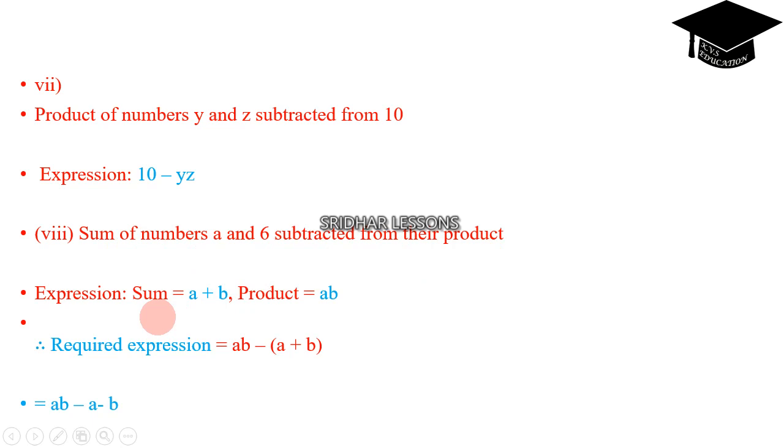The sum for a and b is a plus b, and the product is ab. This is a typing mistake, it is not 6, it is b. So the required expression is ab minus of a plus b. We can write this as ab minus a minus b.